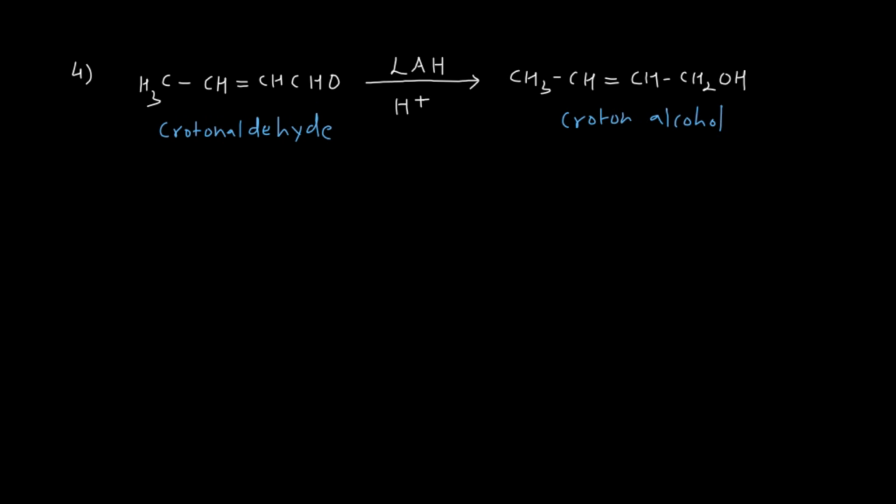And the very important thing which you are noticing here, this double bond is not reduced by the lithium aluminium hydride, and when this double bond is non-conjugated with the phenyl group, this cannot be reduced with lithium aluminium hydride. However, if you replace this CH3 with the phenyl ring, then this will come in conjugation with this one, and then it can be reduced very easily.